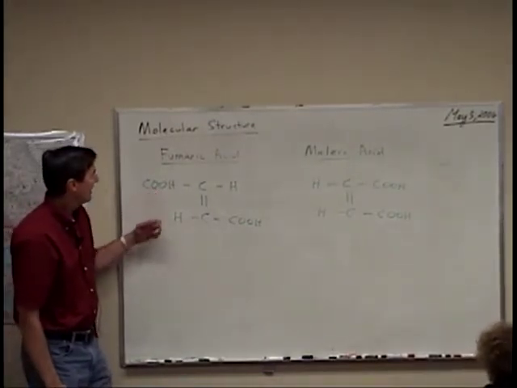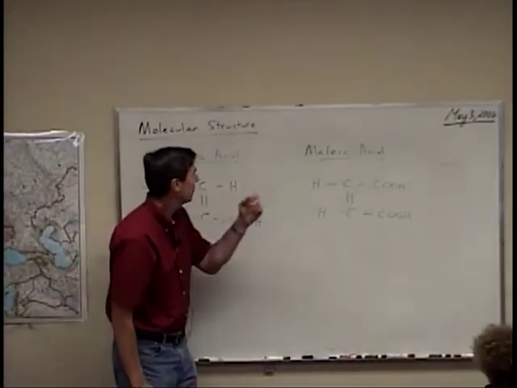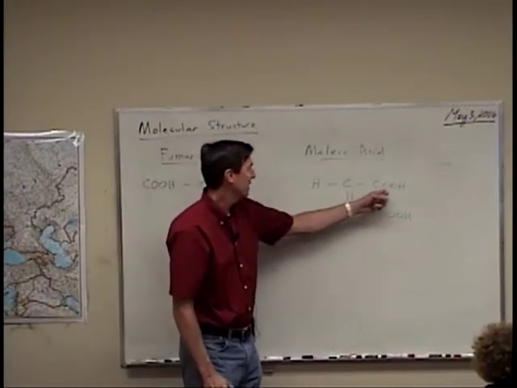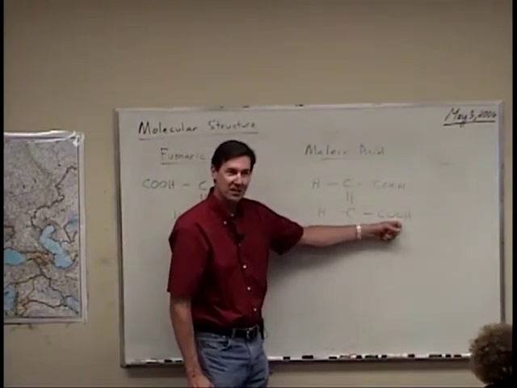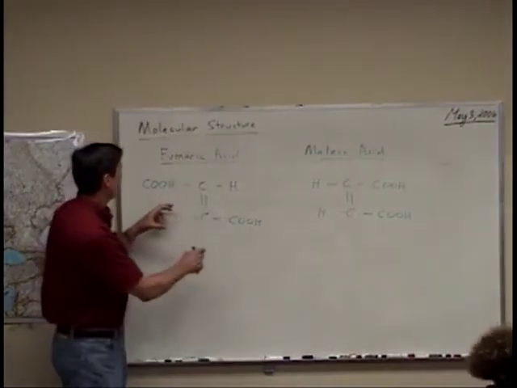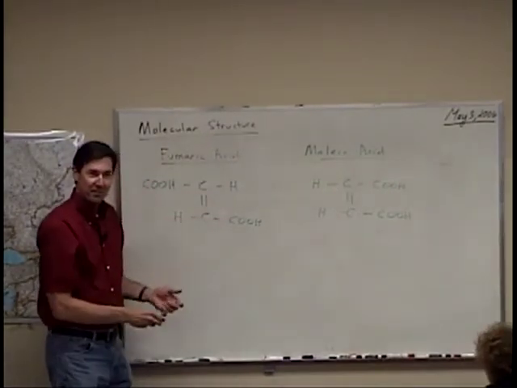But in the case of maleic acid, you've got the hydrogens on the same side and the COOH groups on the same side. Whereas in the fumaric acid, you've got them reversed.